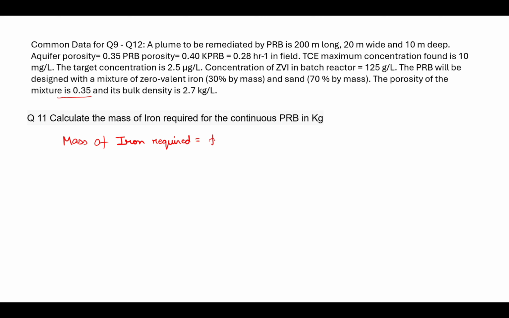So it will be the fraction of iron in mixture, multiplied by bulk density of the mixture, into total volume of the PRB.